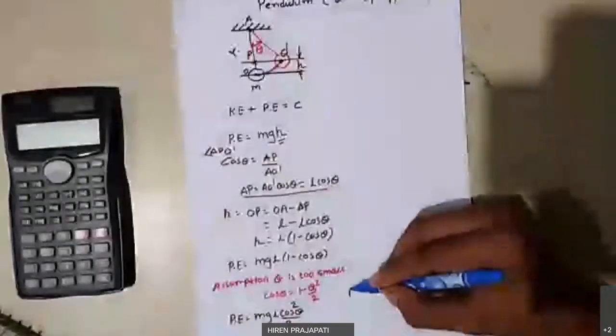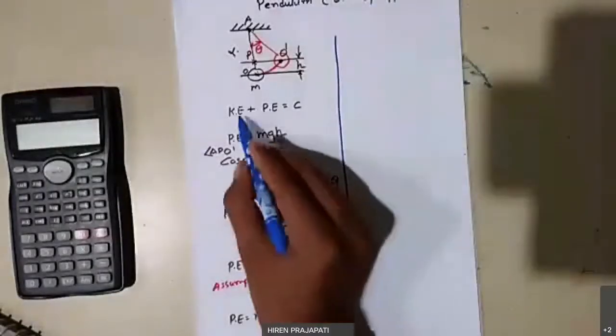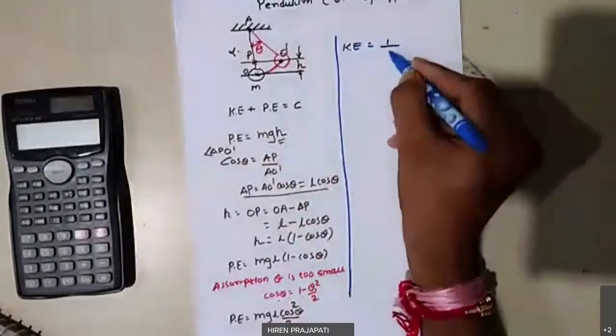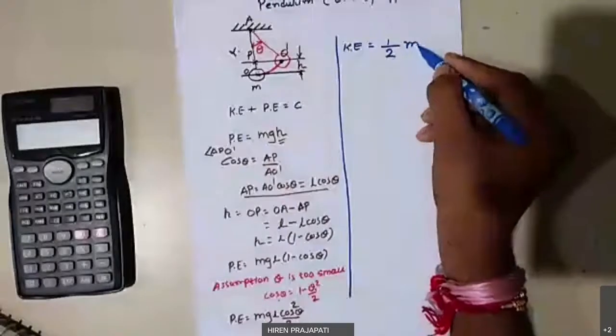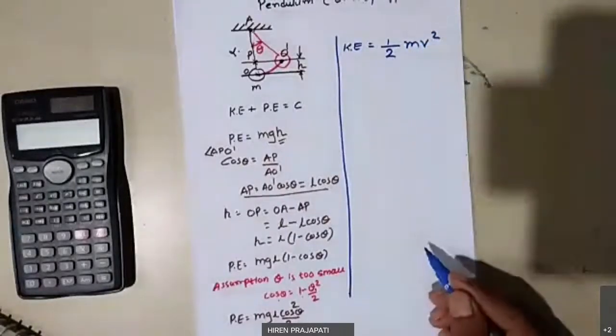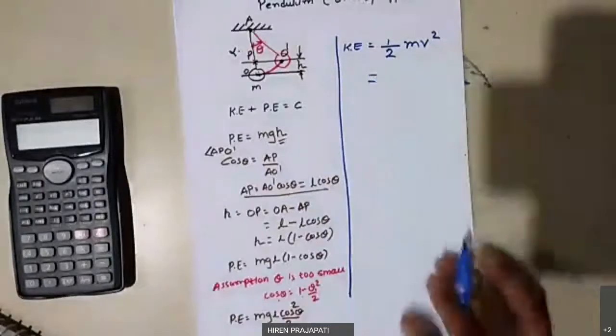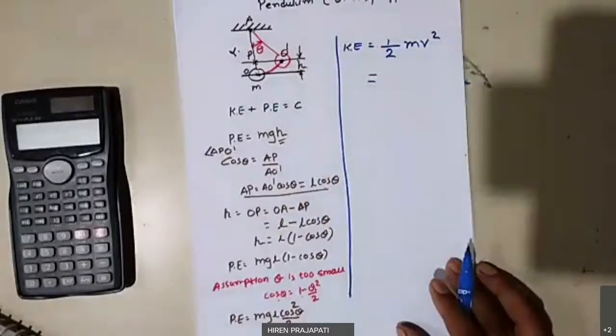So let us write now kinetic energy, because we need to put it here. Kinetic energy, that we all know, is a simple 1/2 mv square. So 1/2 mv square, that is the kinetic energy equation.